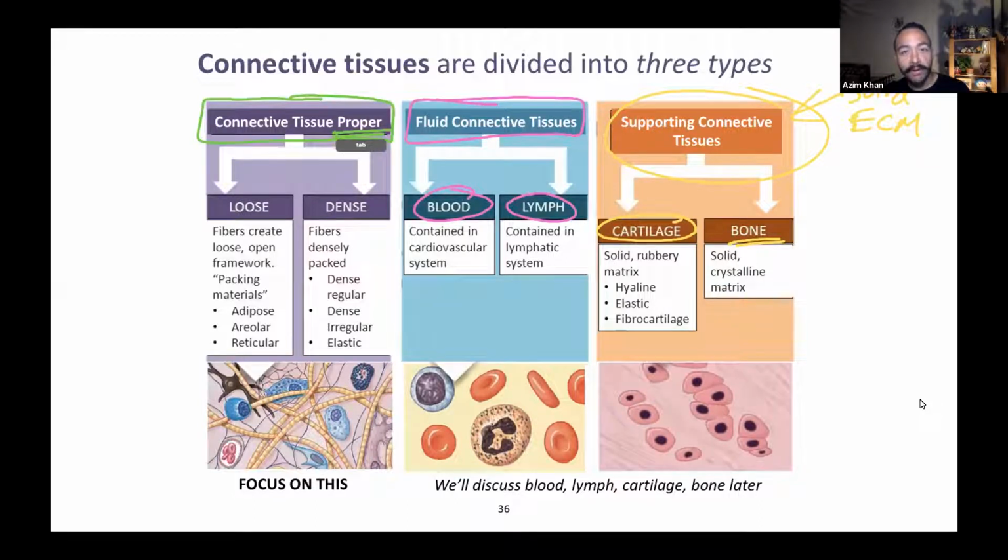There are 6 types of connective tissue proper, divided based on how dense or loose their extracellular matrix is. So we're going to look at this today: the 3 loose connective tissues proper and the 3 dense connective tissues proper.